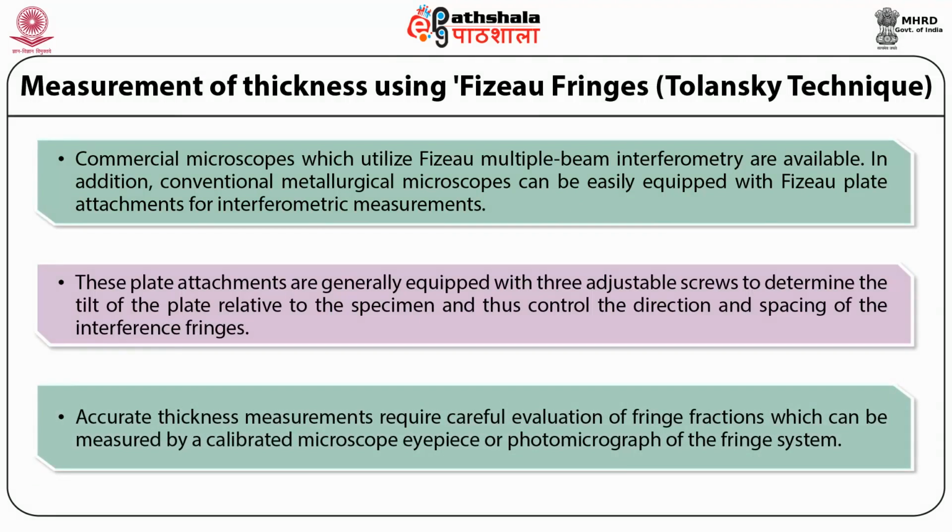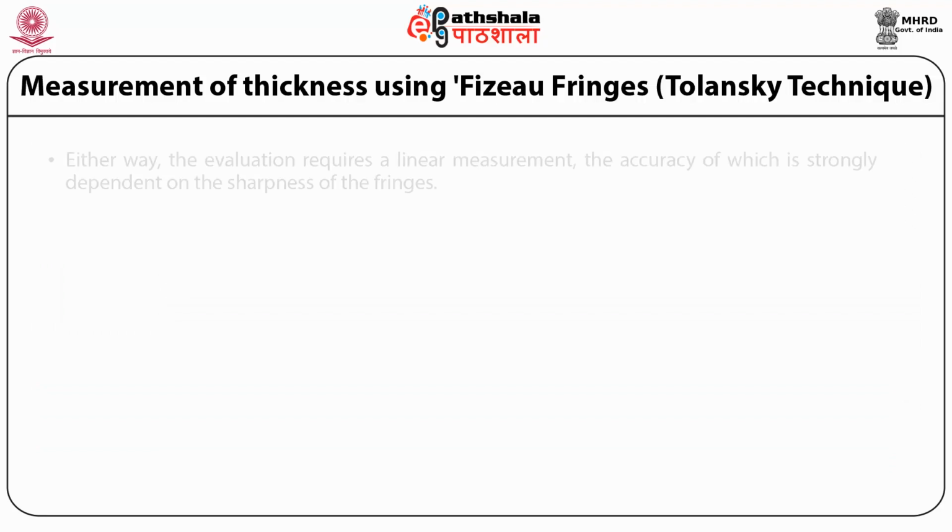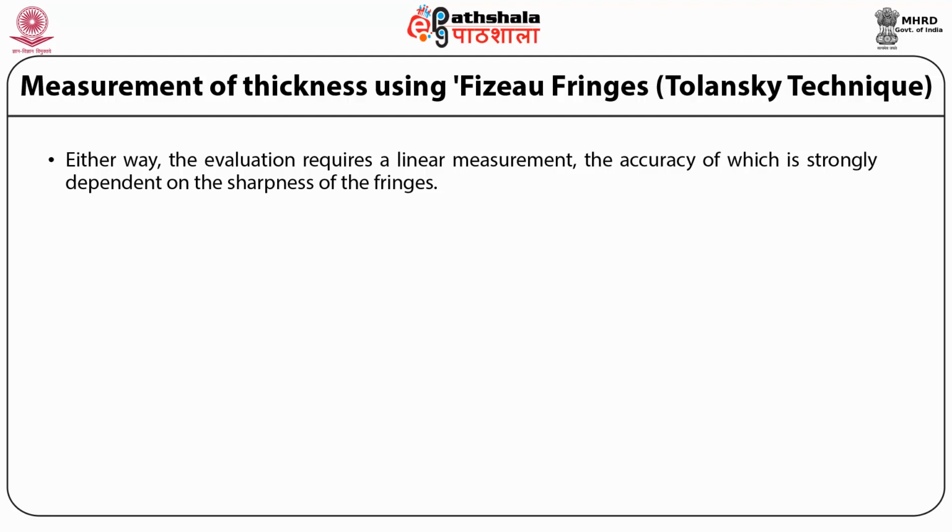Accurate thickness measurements require careful evaluation of fringe fractions, which can be measured by a calibrated microscope eyepiece or photomicrograph of the fringe system. Either way, the evaluation requires a linear measurement, the accuracy of which is strongly dependent on the sharpness of the fringes.